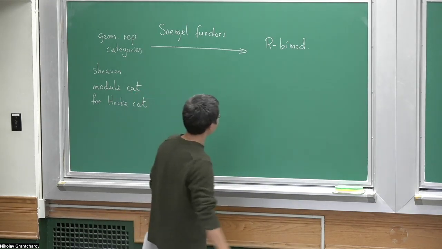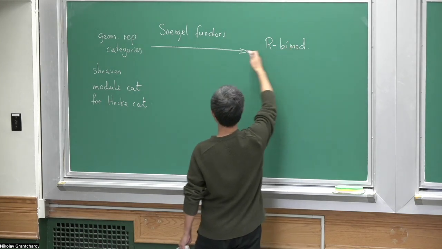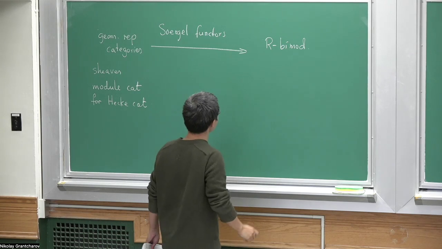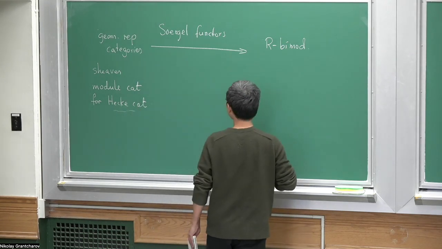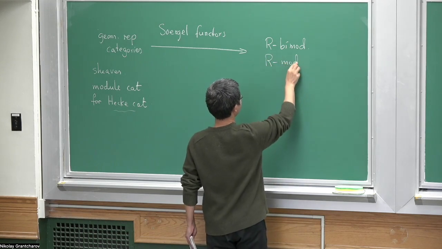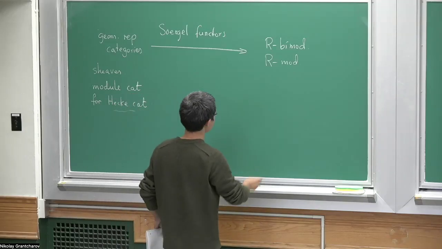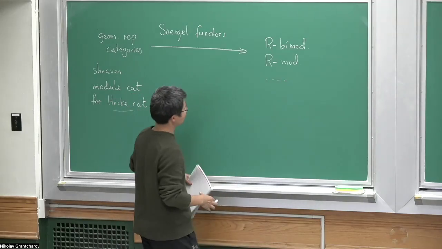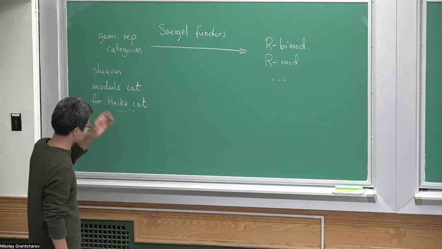These are the Soergel bimodules. That's the name for the essential image of this functor when you work with Hecke category. And sometimes it's not bimodules, just R-modules. Sometimes it's slightly more complicated than just a copy of a polynomial algebra. We'll see examples.